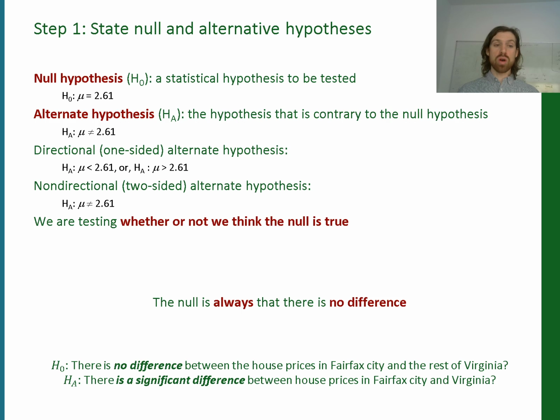But if we were using a non-directional two-sided alternate hypothesis in this case, then we would state that there is a significant difference between the house prices in Fairfax City and Virginia. Okay, so in that case we don't state whether they're higher or lower, we just say there's a difference.